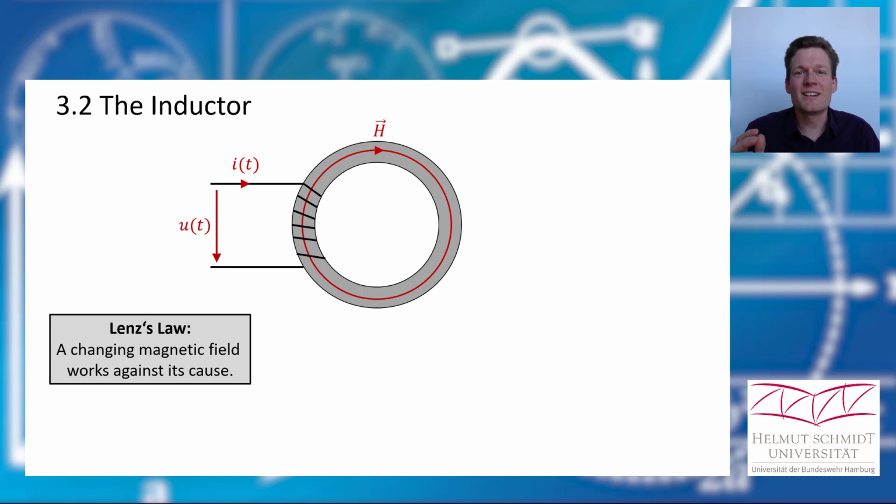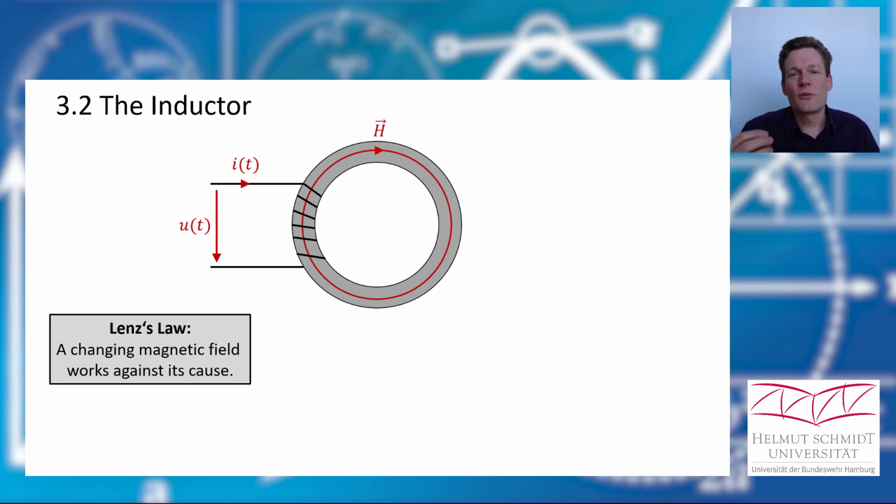Again, we had an ideal conductive wire here, but when the current changes, then the magnetic field changes, and that causes a voltage drop.